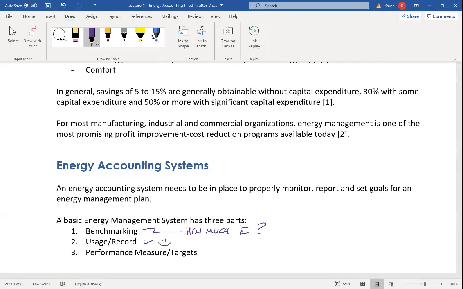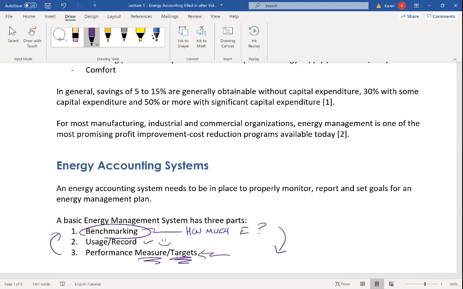You're hoping to make some positive changes, and you want to have some targets to achieve and measure to get to those targets. And then this is like a cycle of saying, now let's benchmark again and see where we are.